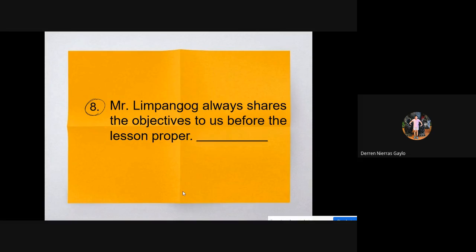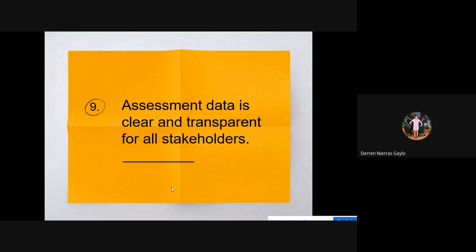For 8, Mr. Limpangog always shares the objectives to us before the lesson proper. If you start with the objectives before the lesson, you will have informative. So the students are informed. Number 9, assessment data is clear and transparent for all stakeholders. When you have it clear and transparent for all stakeholders, that is communicated.